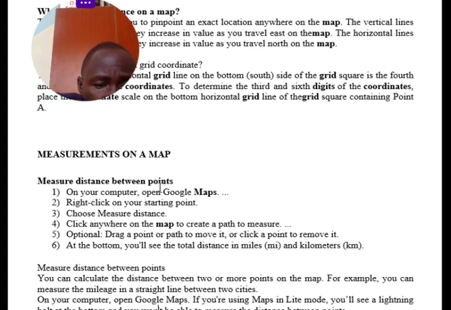Then you can drag the point, the starting point or the path, to move it to the point that you want to move it to. At the bottom you will see the totals displayed in either kilometers or meters, depending on the scale of the map.